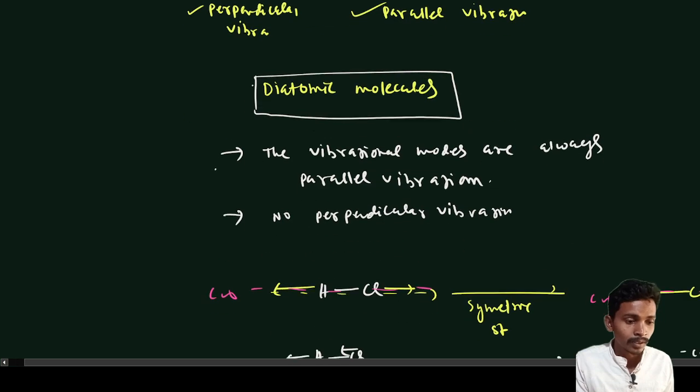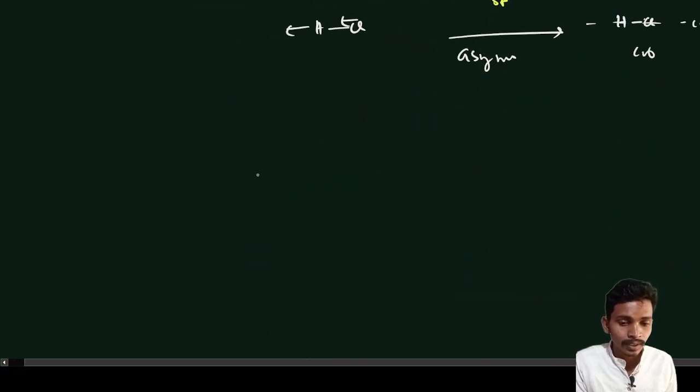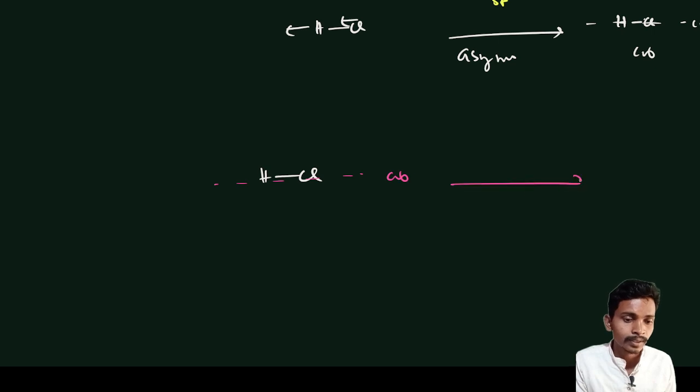Or if I do bending also, let's say HCl, this is C infinity. Now if I do symmetric bending, I bend it here and also here.